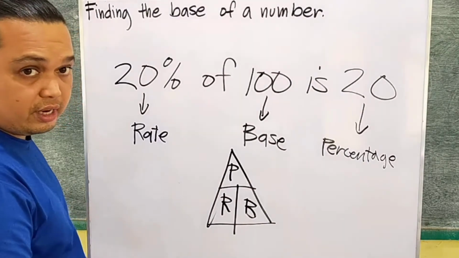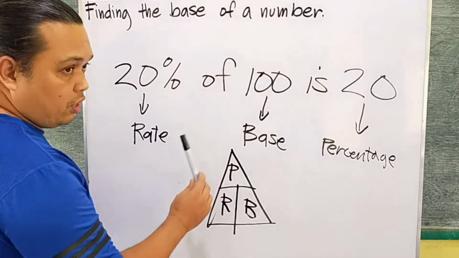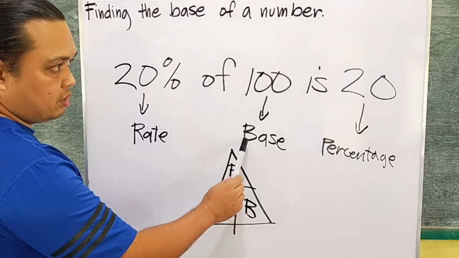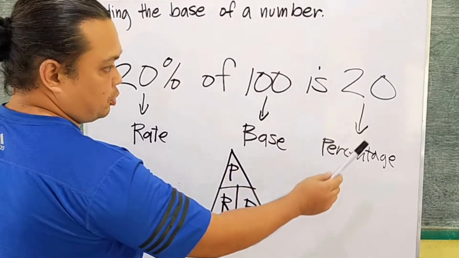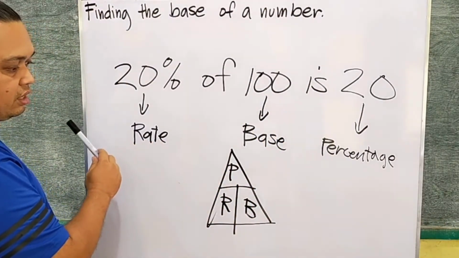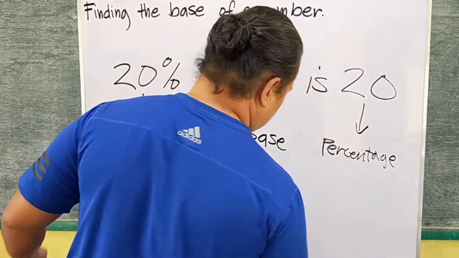So that's how we're going to find that base. If we are looking for the base here, all we need to do is percentage, which is 20, divided by 20%, or the rate.